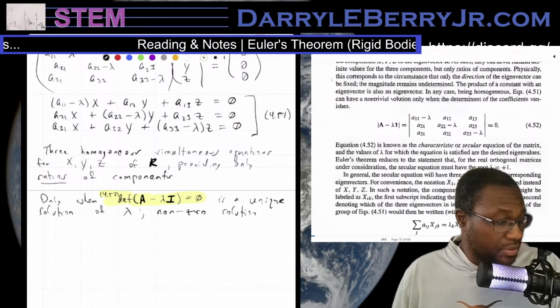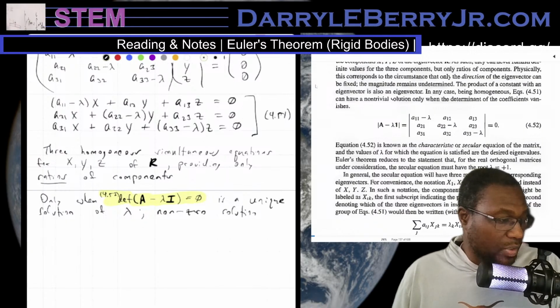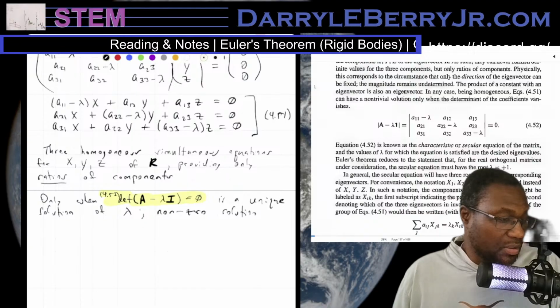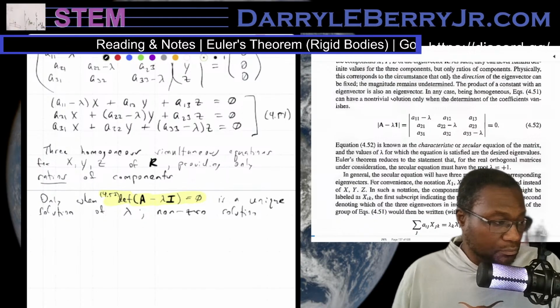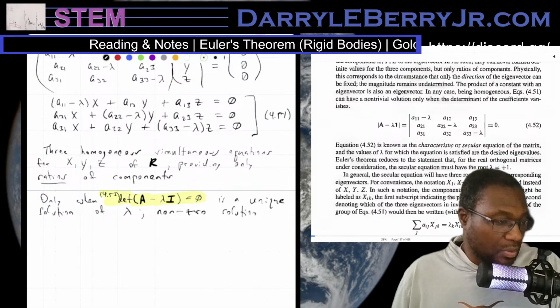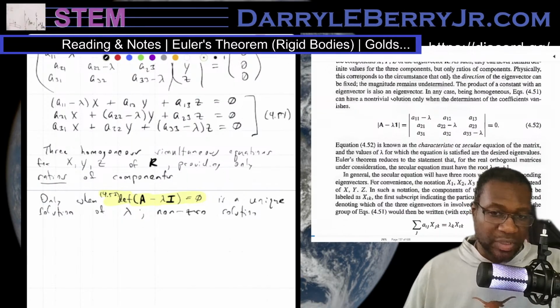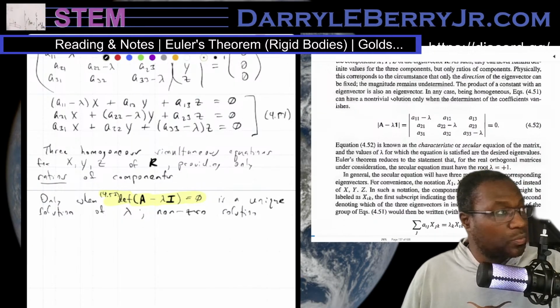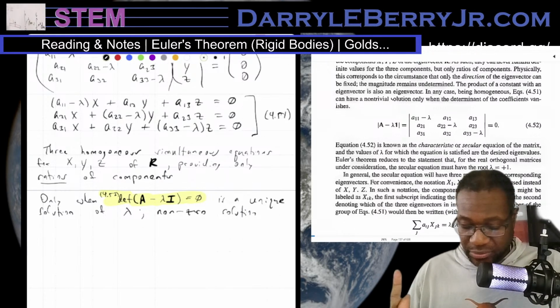Euler's theorem reduces to the statement that for the real orthogonal matrices under consideration, the secular equation must have the root lambda equals plus 1. So at least one of the lambdas must equal plus 1 because that one axis is not being changed.